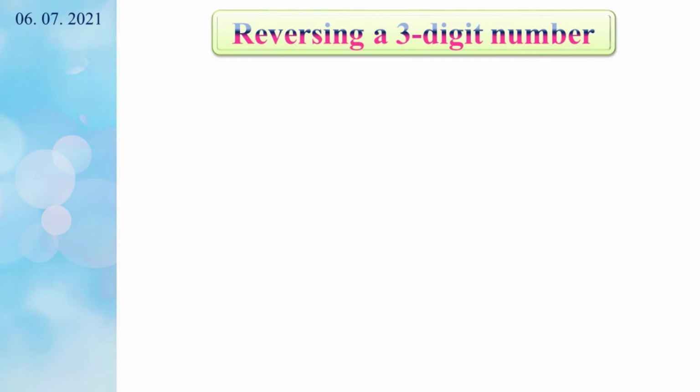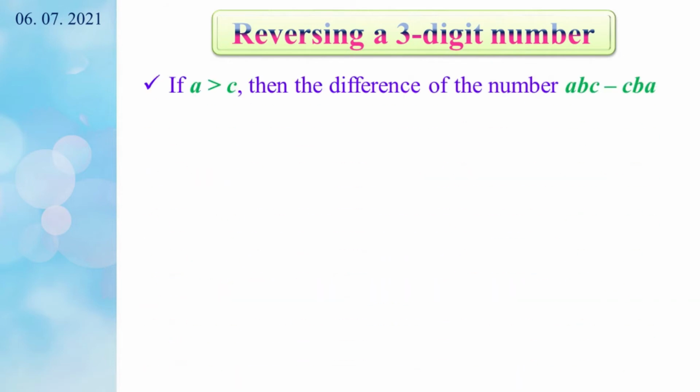Consider a three-digit number ABC whose expanded form is 100A plus 10B plus C. On reversing its digits, we get another number CBA, equal to 100C plus 10B plus A. If A is greater than C, then the difference ABC minus CBA equals 100A plus 10B plus C minus 100C minus 10B minus A, which will get 99A minus 99C. 99 is a common factor, so 99 into (A minus C).